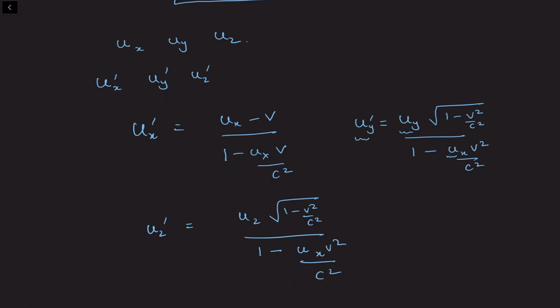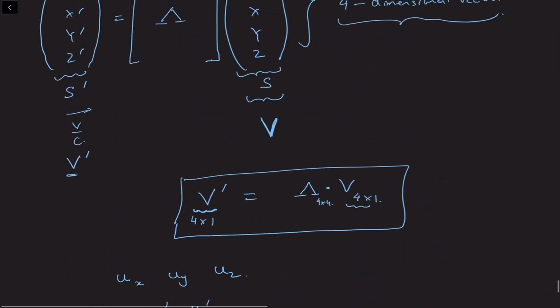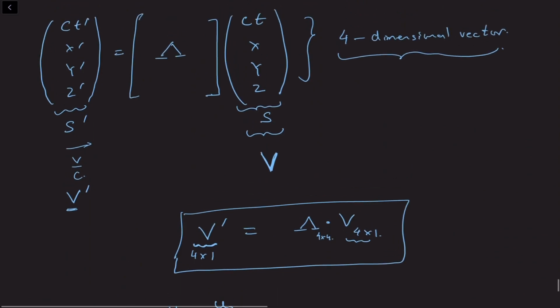So the dictionary for velocities appears to have nothing to do with the dictionary that we used for space-time coordinates. So at the moment, it appears like this specification of this rule for 4-vectors is a rule that only applies to space-time coordinates.